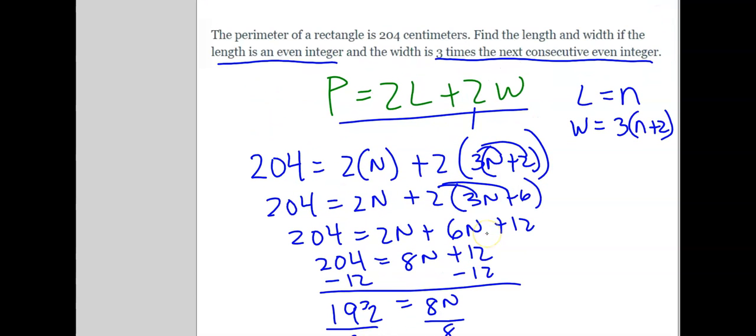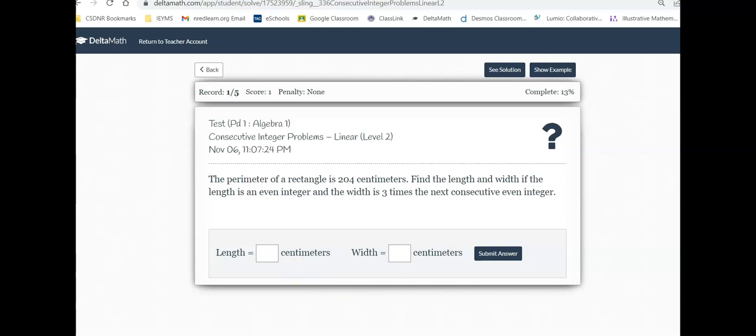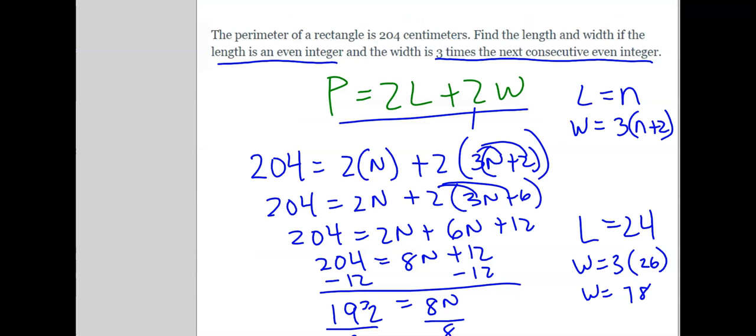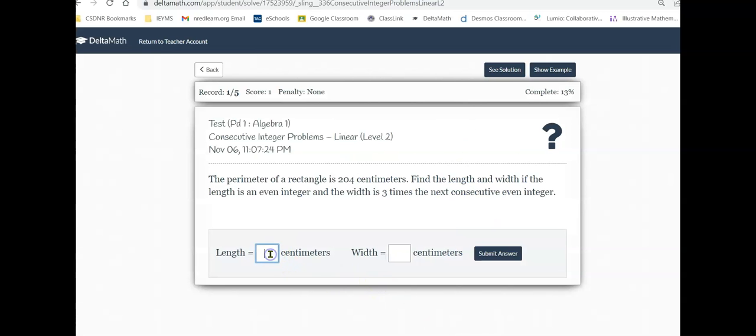That makes the length 24. And the width is 3 times 24 plus 2, or 3 times 26. So the width is 20, 40, 60, 78. So 24 and 78. The length is 24. The width is 78.